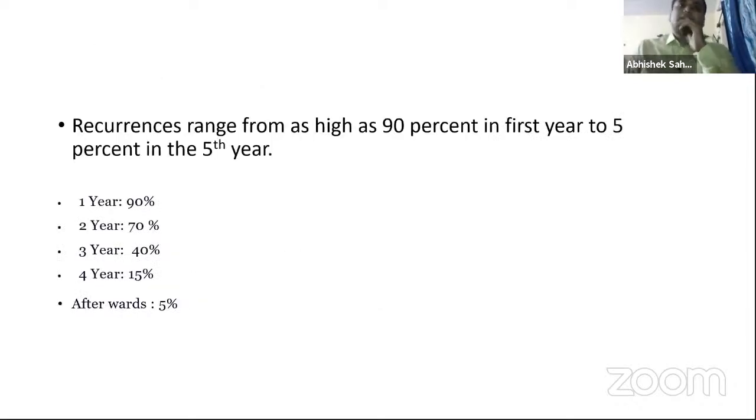The recurrence rates range from as high as 90% in the first year to less than 5% in the fifth year. This is roughly data based on certain articles: in the first year, if there is poor compliance with the brace, we have almost 90% recurrence. In the second year, it goes to almost 70 to 80%.